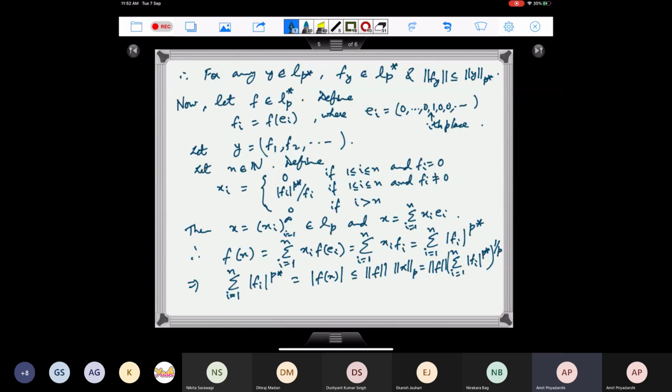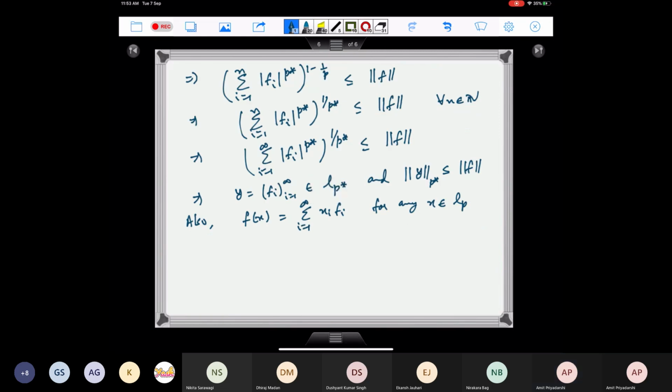Any x in LP can be written as the summation xi ei, and therefore f of x will be equal to this summation, because f belongs to LP star. So f of x will be equal to the summation of xi f of ei, which is fi.